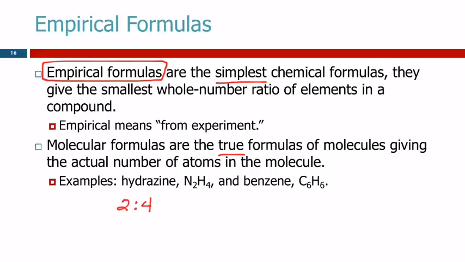We can divide both of them by 2 and get a ratio of 1 to 2. So the empirical formula for hydrazine would be NH2. It's a little bit like a fraction here. 2/4 could be reduced to 1/2. So this is the empirical formula, and this is the molecular formula.